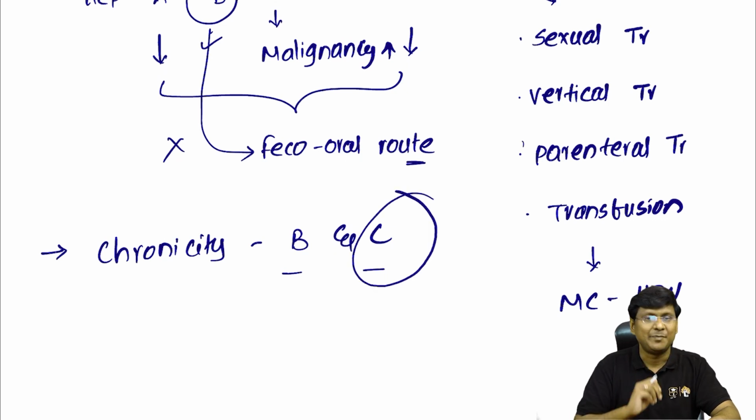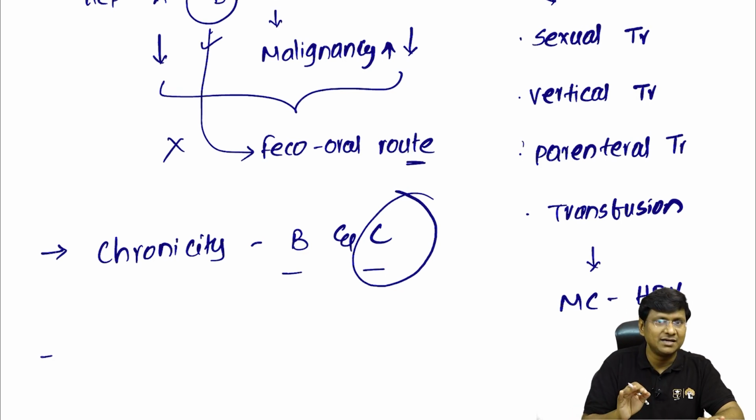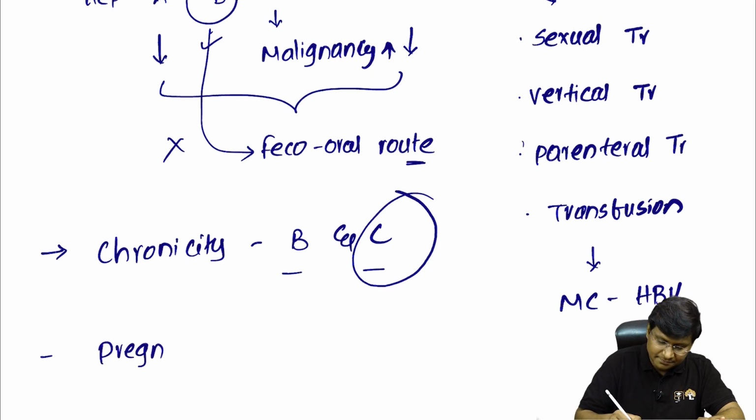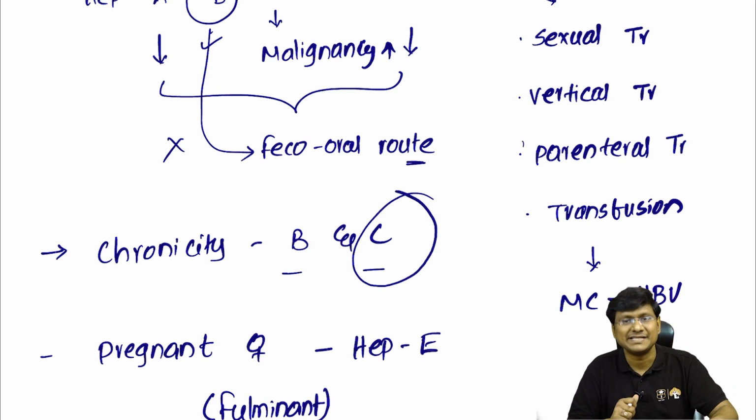It will be hepatitis C. Then what is the most common cause of fulminant hepatitis in pregnant women? That will be hepatitis E.